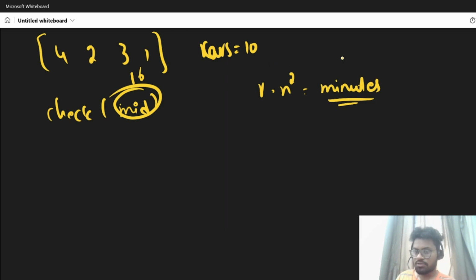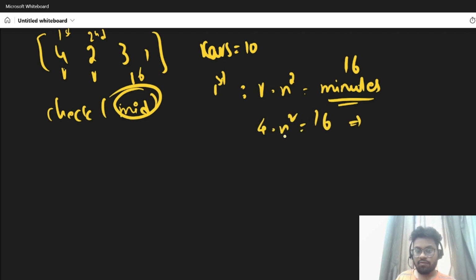We know the total minutes is 16, and this is the r value for the first mechanic, and this is the r value of the second mechanic. For the first mechanic, 4 into n square is 16. So what is n? The number of cars that he will repair in these 16 minutes. So n square is equal to 4, which means n equals 2.